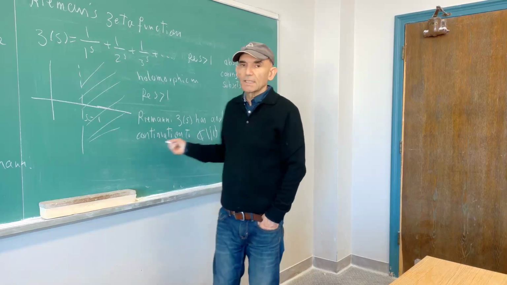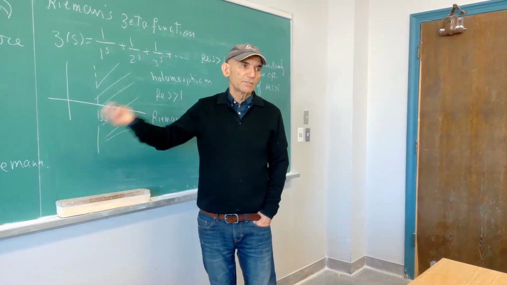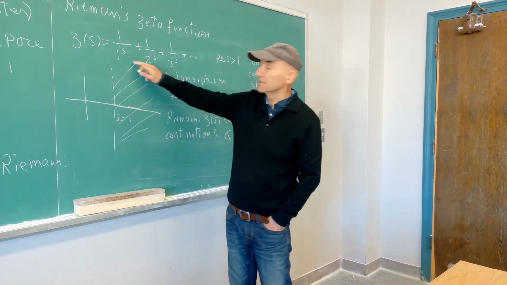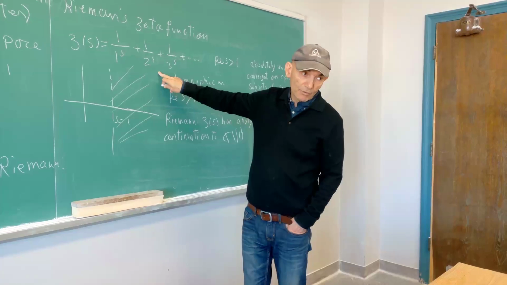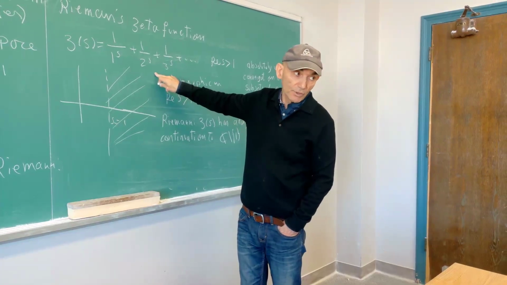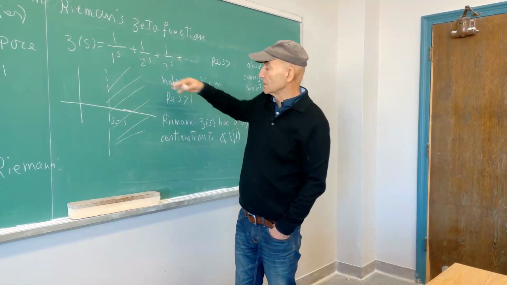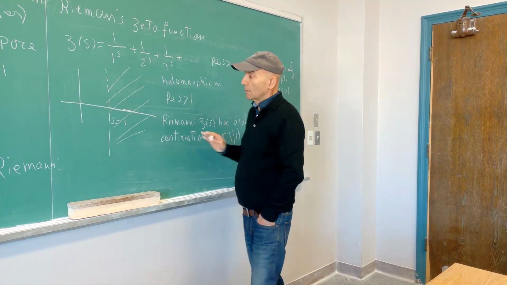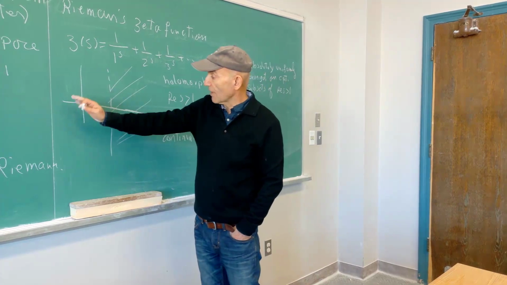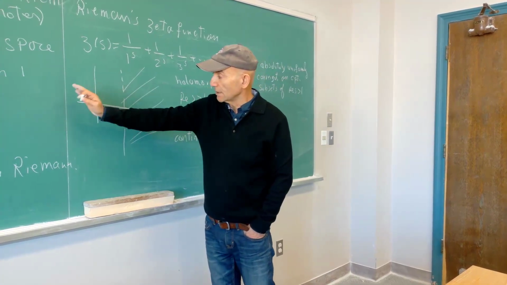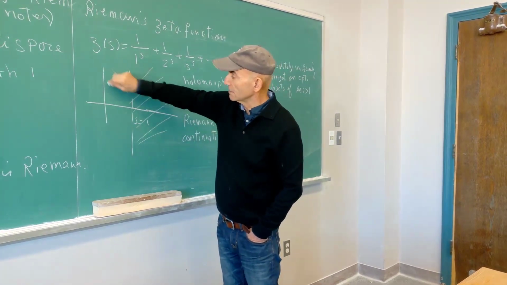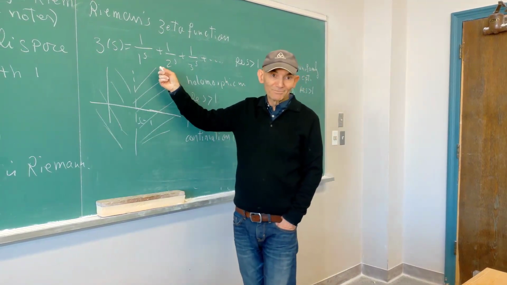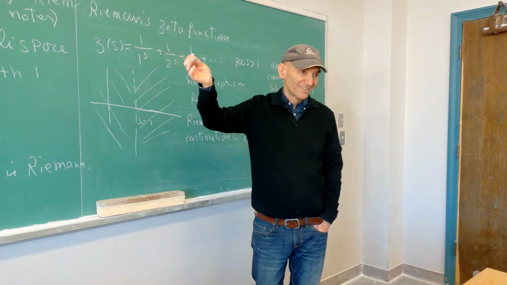I mean, we cannot extend it to 1 because 1 is a singularity: as s goes to 1, you can see that this series blows up. It converges to the harmonic series, which is divergent. So there's no way you can extend it to the singular point 1, but it's an amazing fact that it has analytic continuation everywhere else. But not by this formula, because this formula is divergent.